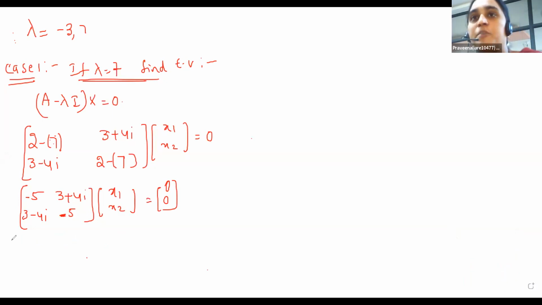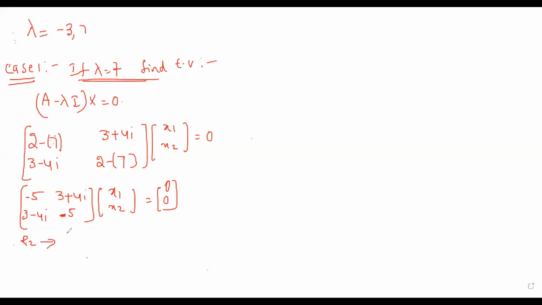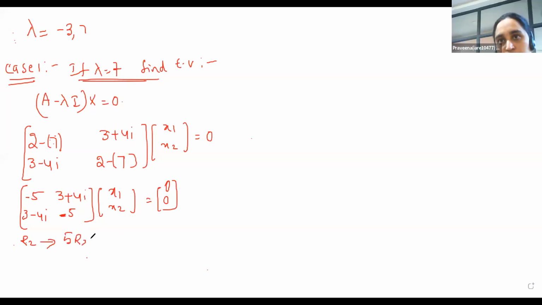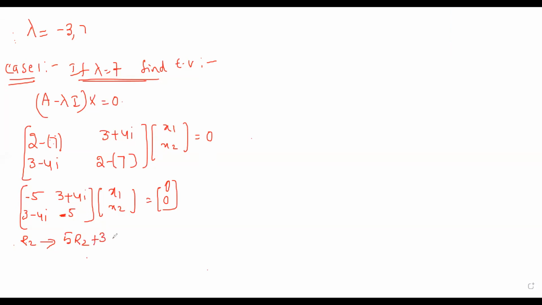Okay, now tell me the row operation for this. Anyone? R2 changes to 5r2 plus 3r1.